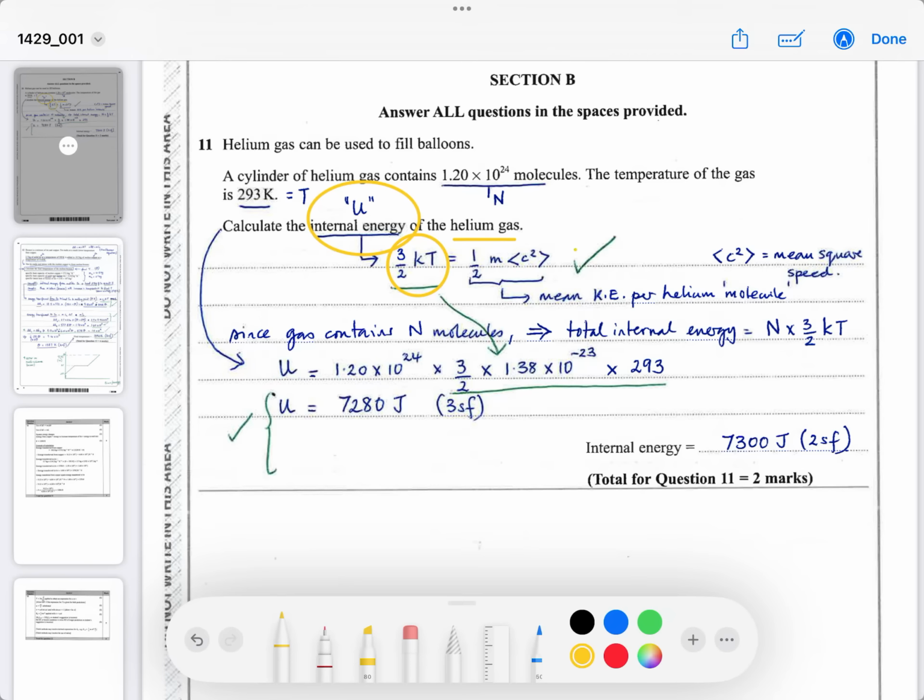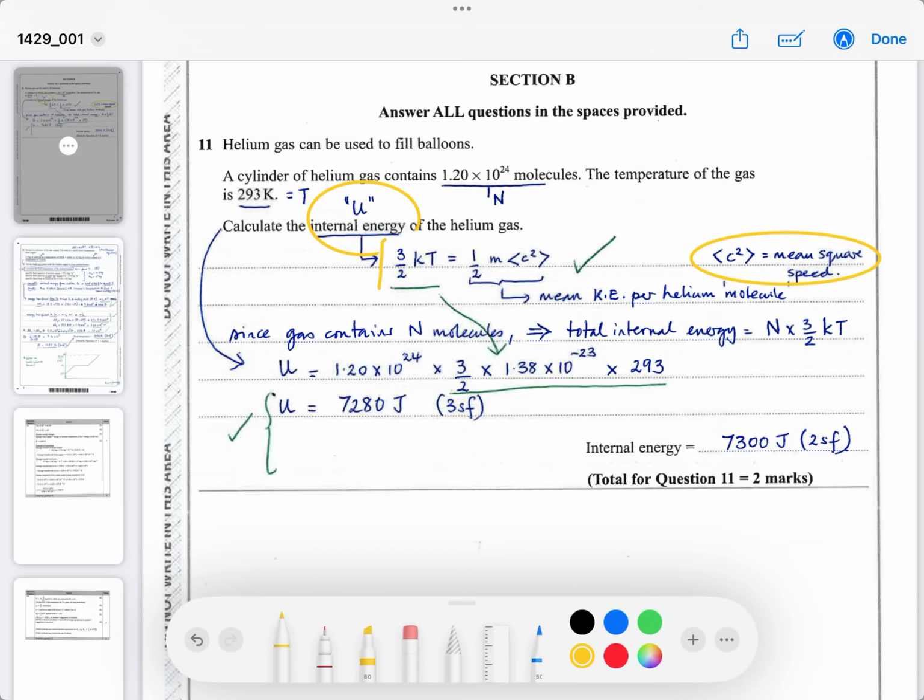And this equation, half times the mean square speed times the mass, is equal to kinetic energy. This equation is given to you, so maybe I should have put it all into a box.